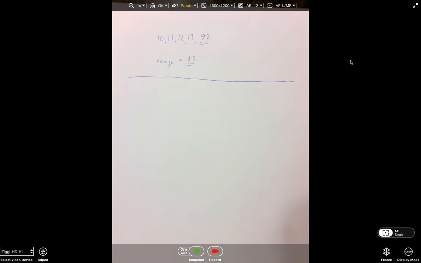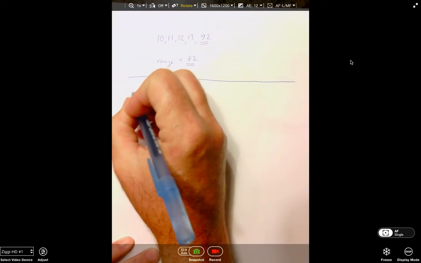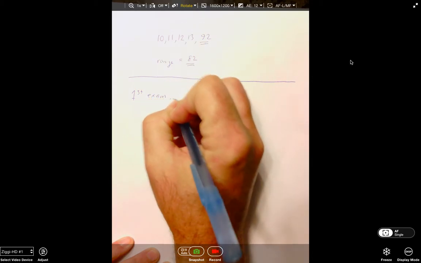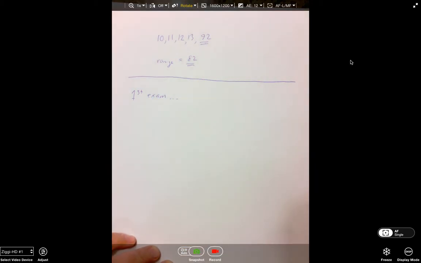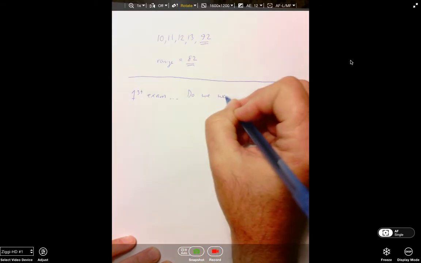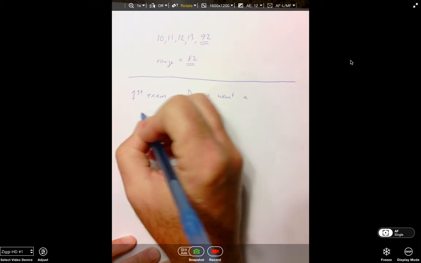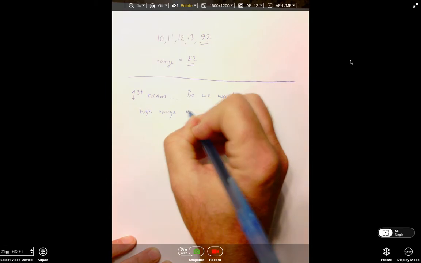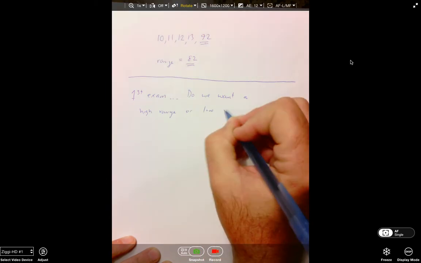Now, let's stop just for a second, and I want to ask you a question. On our first exam, which will come up very quickly just because of the unusually fast pace of summer classes, do we want a high range or a low range?